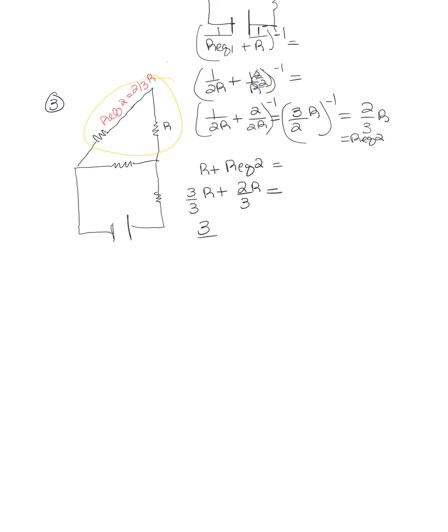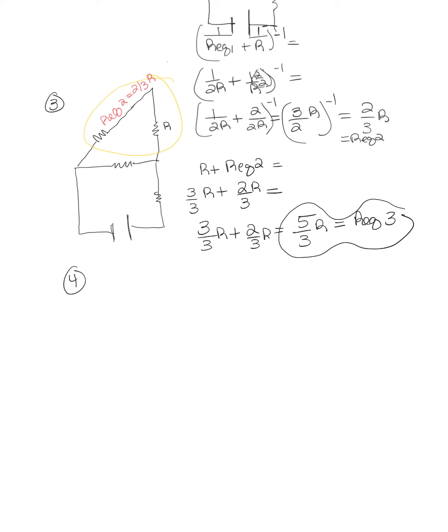So then we're going to have 3/3 R plus 2/3 R equals 5/3 R. And this is going to be our equivalent resistance 3. Or we could say our equivalent resistance from our third analysis. Okay, and so then we're going to redraw our circuit. See what we get from our fourth analysis.